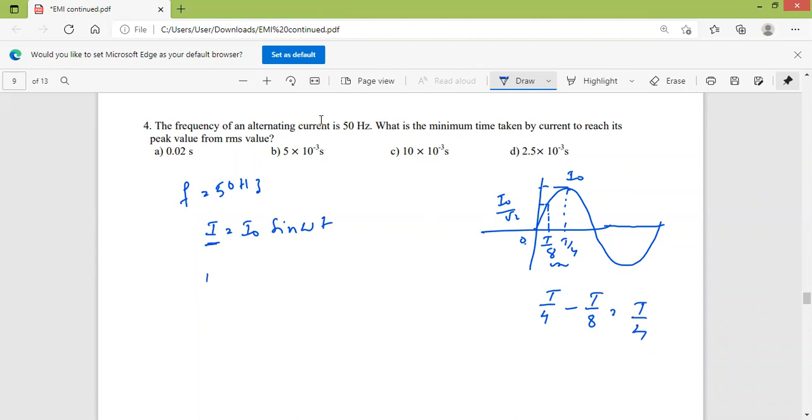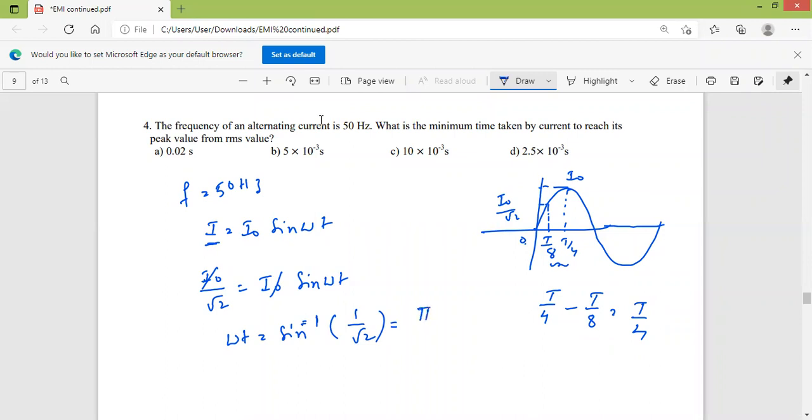I₀ by root 2 is equal to I₀ sin ωt. I₀ and I₀ cancel. Now ωt is equal to sine inverse of 1 by root 2. Sine inverse of 1 by root 2 is how much? It's 45 degrees.